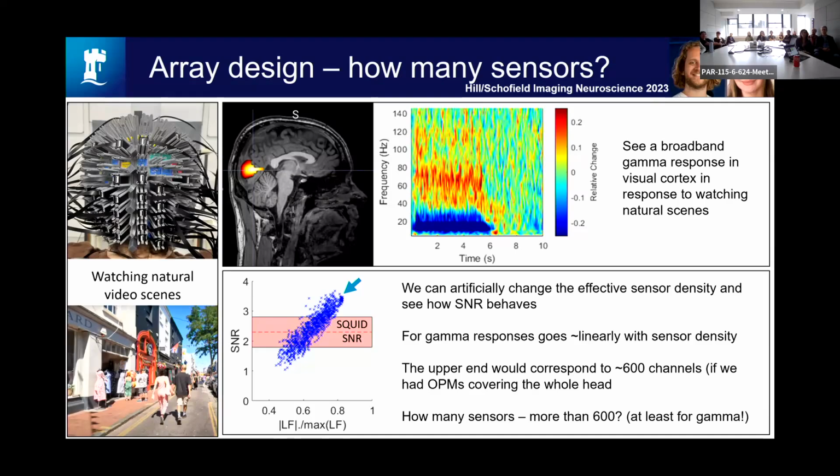And because this is linear, actually, if we kept increasing the density, we could keep going up this slope. It does drop off eventually, but we can keep going up and up that sensitivity. So there's a genuine question to say, okay, how far can we go up there? At what point can we maybe, so where would an invasive recording, like a microelectrode recording be? You know, that's going to be somewhere up here, isn't it? But can we ever get there, or can we get close? Which I think would be quite exciting.